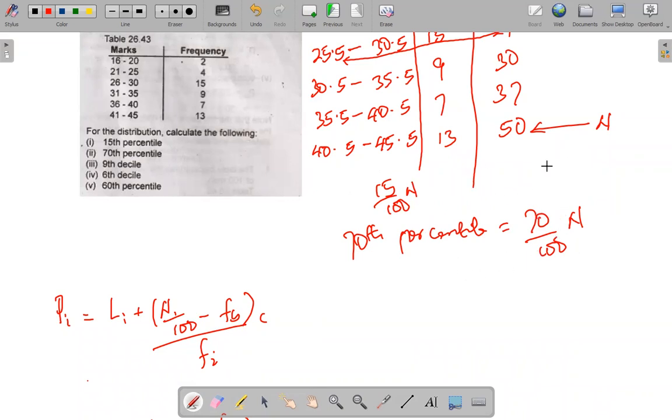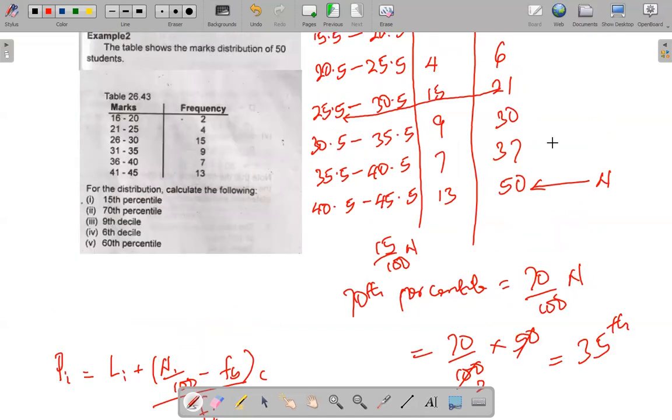If we want to calculate the 35th percentile, for example, it would be 35 over 100 n, and to calculate the 8th percentile it would be 8 over 100 n, and so on and so forth. So here we want the 70th percentile, which will be 70 over 100 times n. N is 50. 70 divided by 2 is 35. So the 35th item will be the item in that percentile.